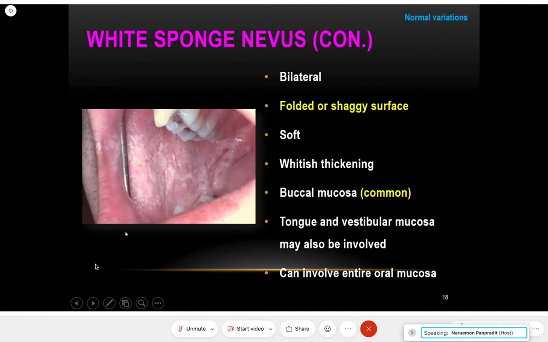It's not a very sharp cut point at this margin. Other sites like the tongue and vestibular mucosa may also be involved, but most common is the buccal mucosa. Some cases show involvement of the entire oral mucosa.